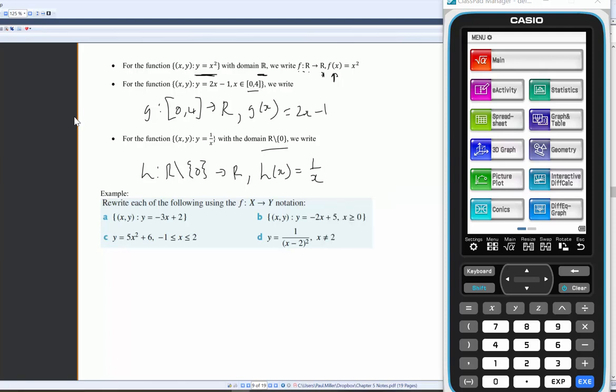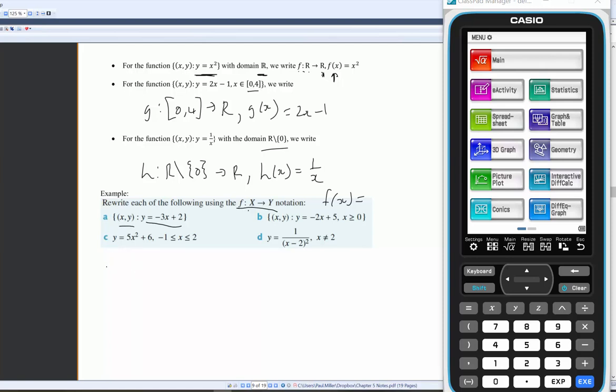All right, for this next one, what we're going to do is write this in full function notation. Remember that full function notation will just be a bit more than just writing f of x equals. So we've got to get it in f such that. This first one here is a linear function, and it's got no domain restrictions.